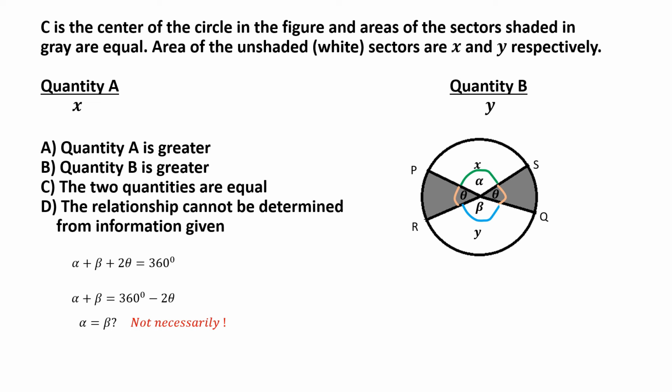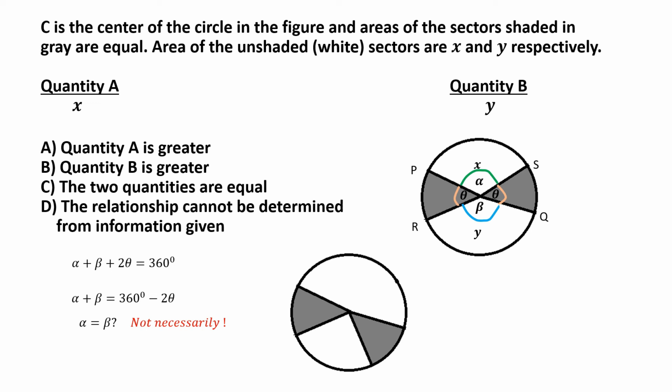But we could just as well have this kind of orientation of the two equal gray sectors. In this case, we still have the two sector angles of the gray sectors equal, both equal to theta, which makes those two gray sectors equal in area. But now it's fairly obvious that the unshaded sectors are very unequal, right? The angle alpha is clearly much larger than the angle beta, right?